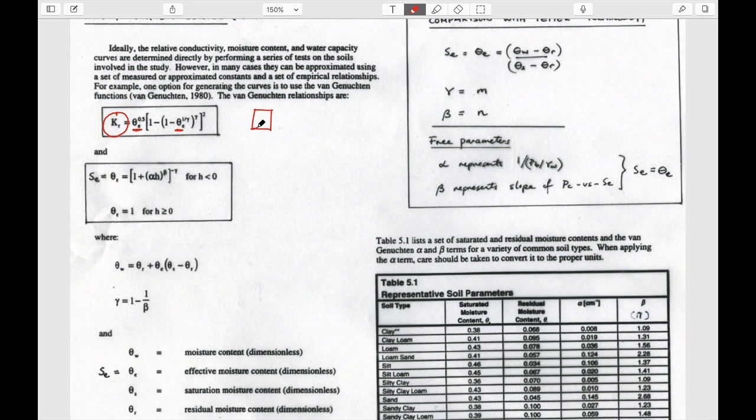So this is our Kr versus phi effective term, and the other relationship which links effective moisture contents with capillary pressure distributions are given by these. So that's the end result.